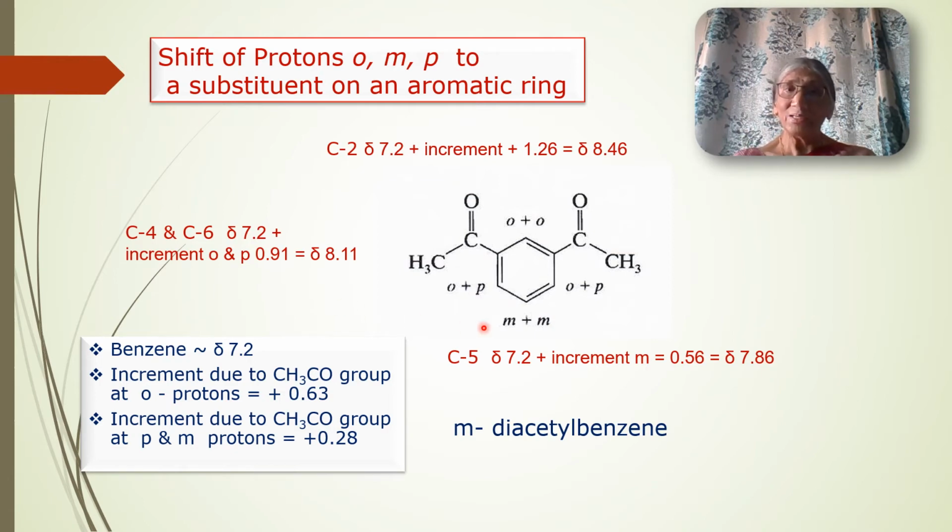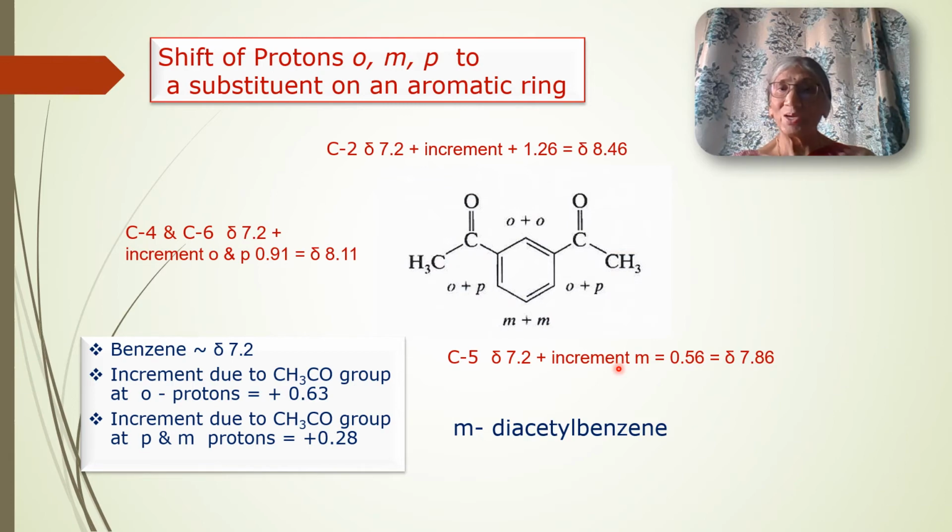Now we can calculate the resonance frequency of C5 protons also. Acetyl groups are meta with respect to C5 protons, and for the meta the increment is 0.28. So at C5 it will observe two acetyl group effects because they are meta to each other. So the increment will be double of 0.28, that is 0.56.